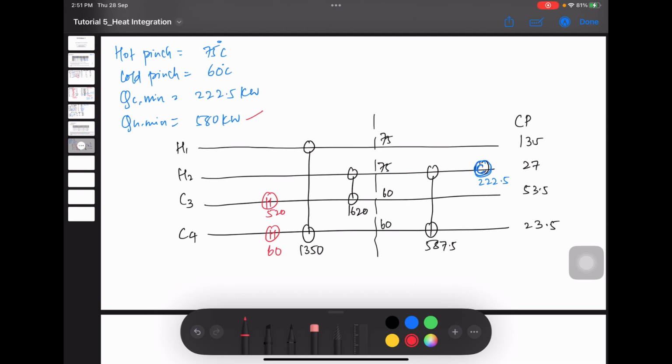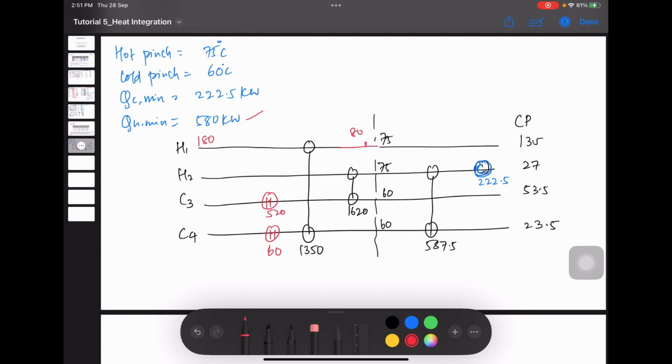Hot temperature 180 to 80. So 180 to 80 means your 80 will be somewhere here, because the pinch is 75.